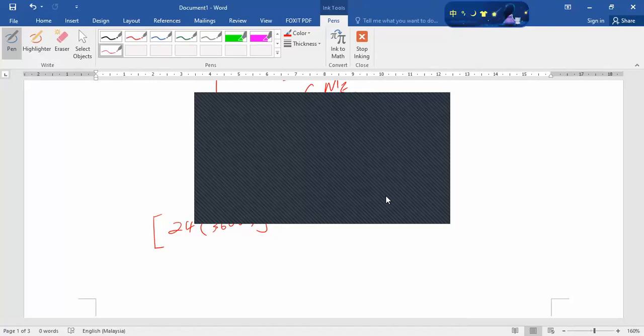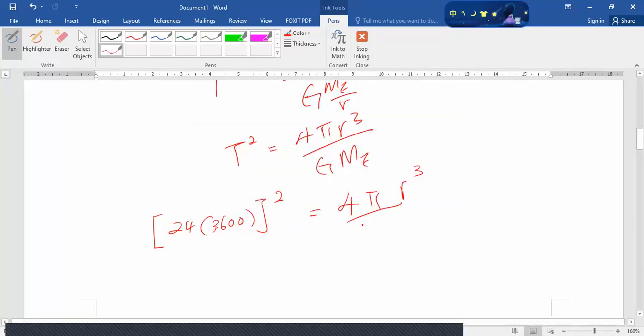G is 6.67 times 10 to the power of -11, times the mass of the Earth.